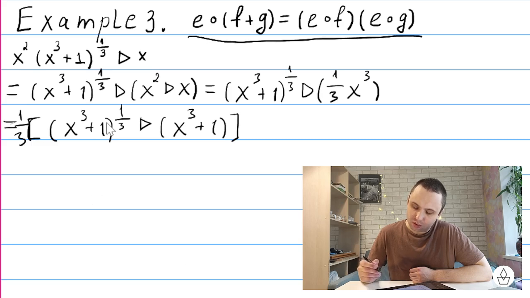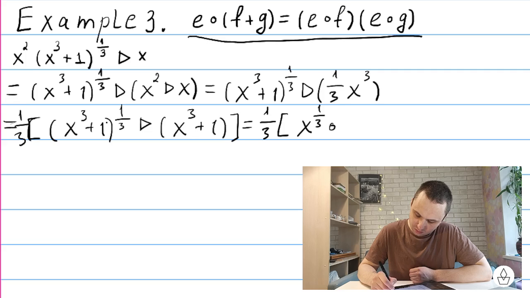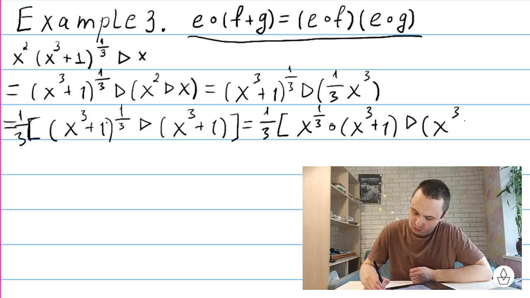And now you need to see that what is written on the left-hand side is a composition of objects. 1/3, x to the 1/3 composition x cubed plus 1, integral x cubed plus 1.